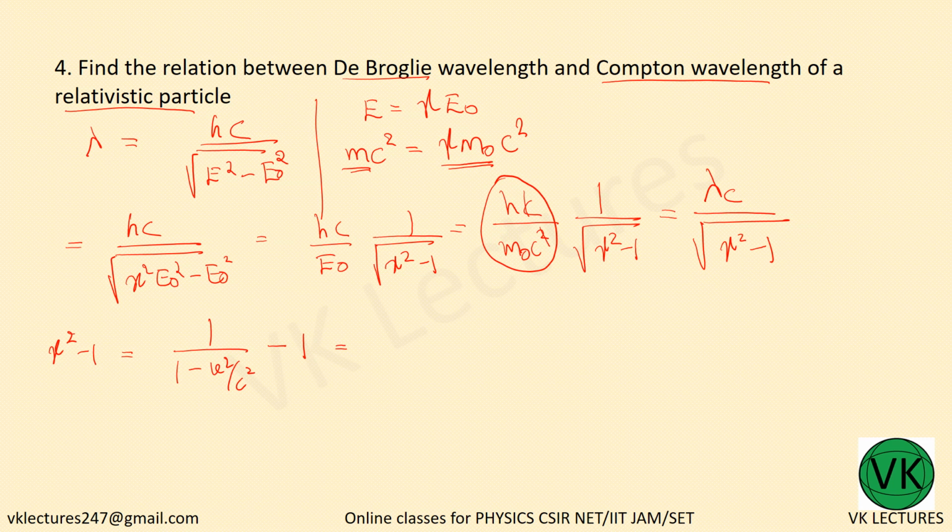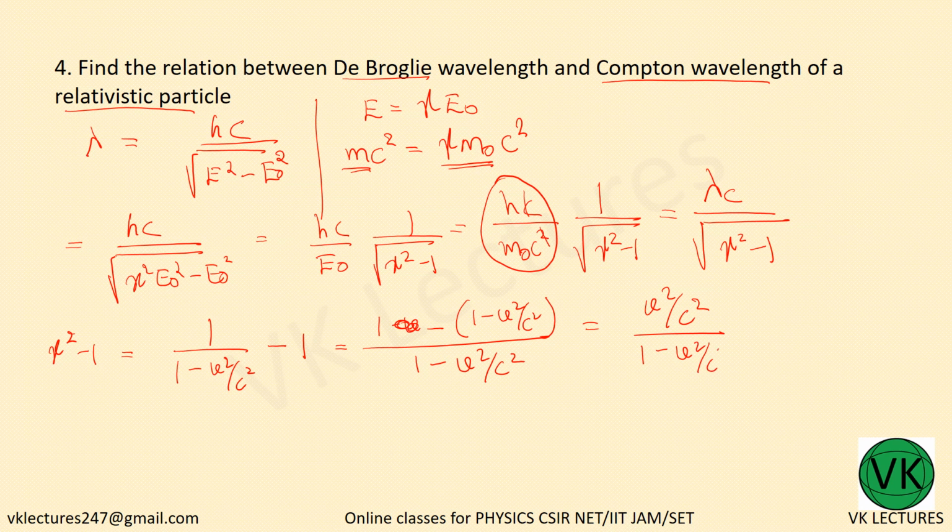That's equal to 1 minus of 1 minus v square by c square, divided by 1 minus v square by c square. So 1 minus 1 is 0, minus of minus is plus, so that is equal to v square by c square divided by 1 minus v square by c square. So this is gamma square minus 1.